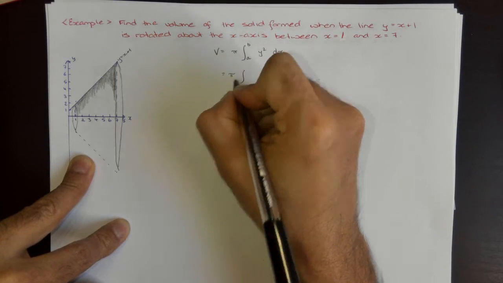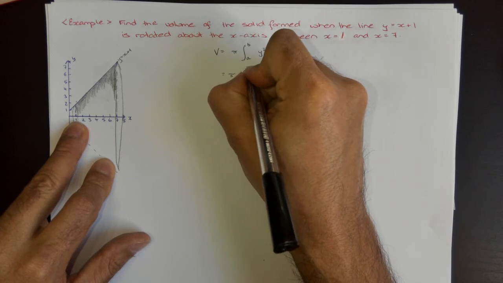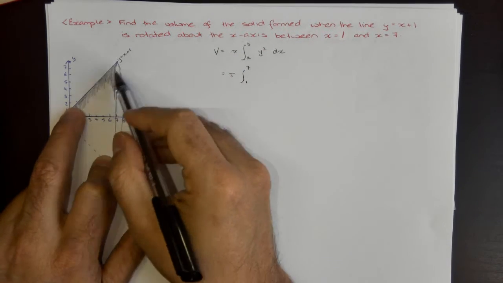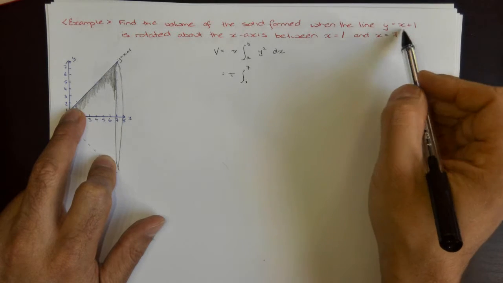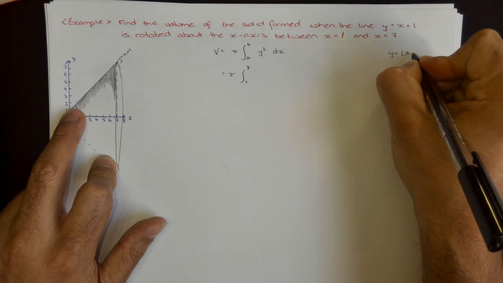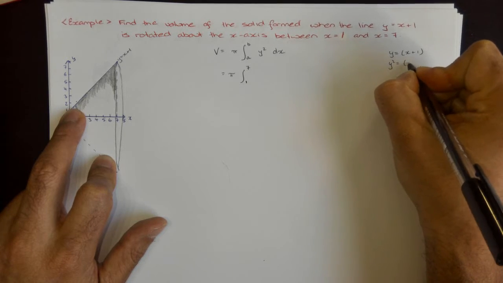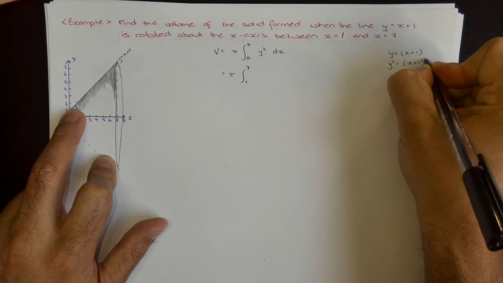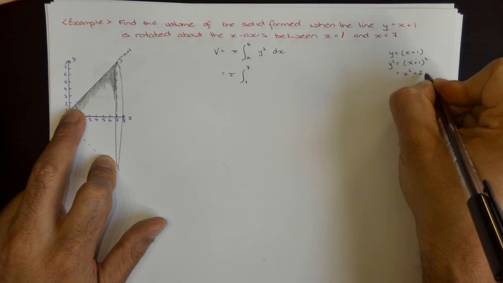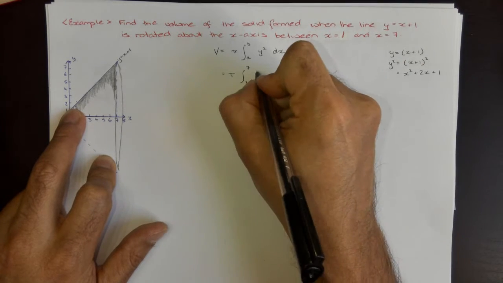We've got the line from 1 all the way through to 7. We now have to have y squared. Well, there's your y, and if we square it, we get x squared plus 2x plus 1.